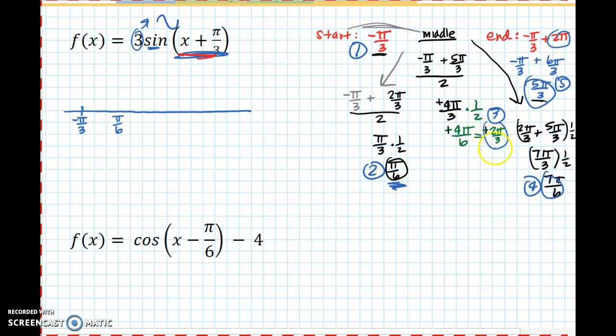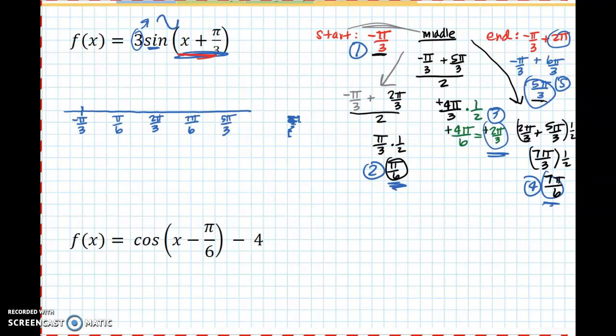And then my next number is 2 pi over 3. And then my next number is the 7 pi over 6. And then my last number is 5 pi over 3.